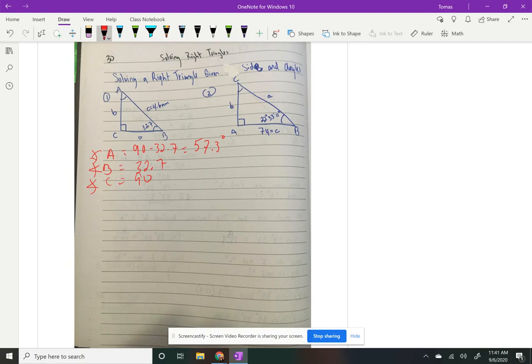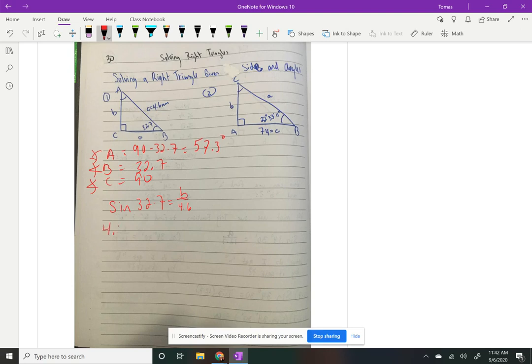So now let's figure out the sides. I'm just going to use sine of B, which is 32.7, and that would give me my opposite, B over 4.6. Now, what do I do? I simply move this divide by 4.6 to the other side by multiplying.